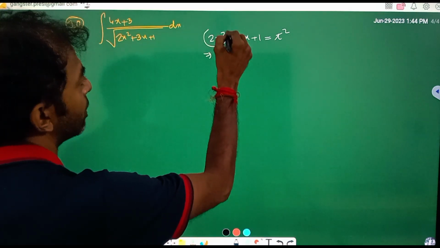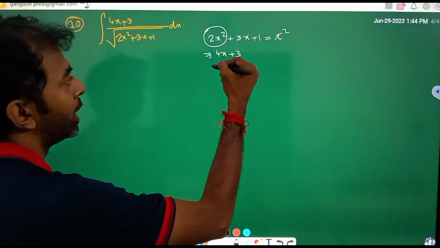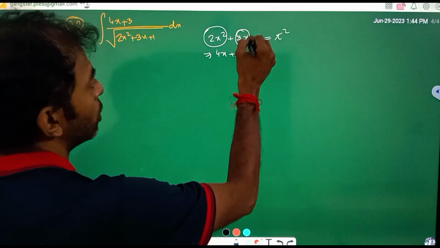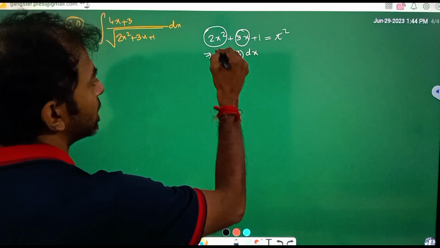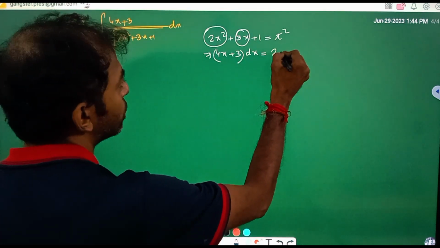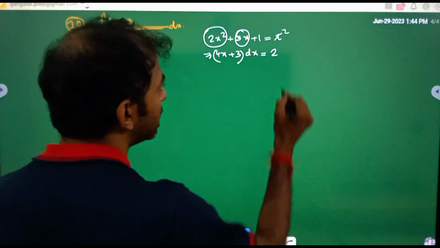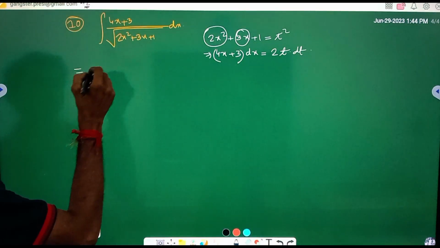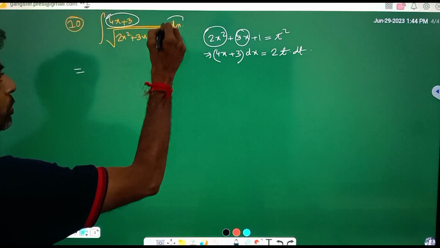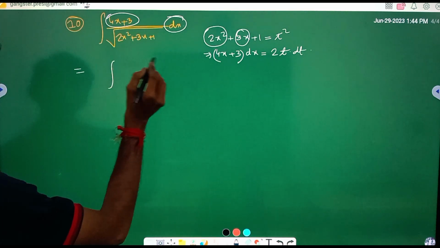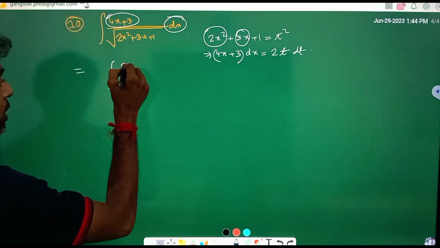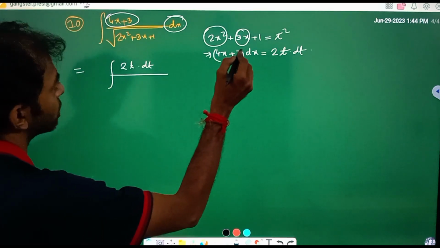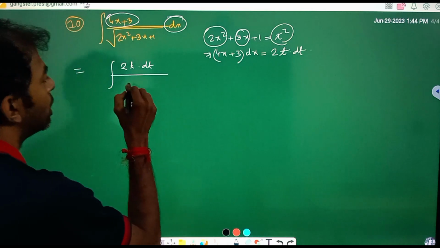We all know that the derivative of 2x square will be 2 into 2x, the derivative of 3x will be just 3, and the derivative of 1 will be just 0. And this is our 4x plus 3 dx, and that will be 2t into dt. So 4x plus 3 dx is substituted by 2t into dt, and root under 2x square plus 3x plus 1 will be substituted by t.